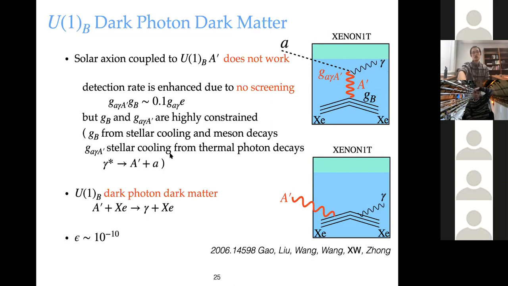But we can use U(1)_B dark photon as dark matter, and different from dark photon absorption, the U(1)_B dark photon scatters with Xenon and produces a photon. This is a photon signal in the detector, and the coupling is 10 to the -10. It's consistent with other experimental constraints.